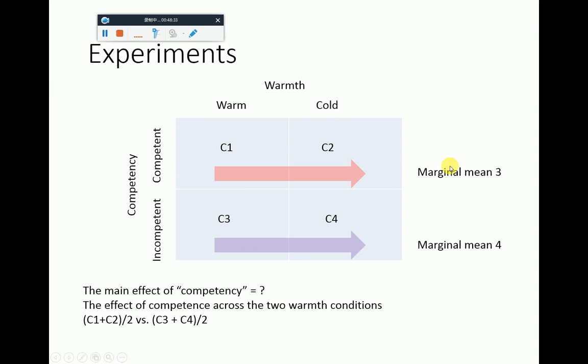If marginal mean 3 is larger than marginal mean 4, that suggests the person described as competent, regardless whether he is warm or cold, because it's a mean across these two conditions, as long as this person is considered competent, will be perceived as more friendly than when this person is described as incompetent. Okay?